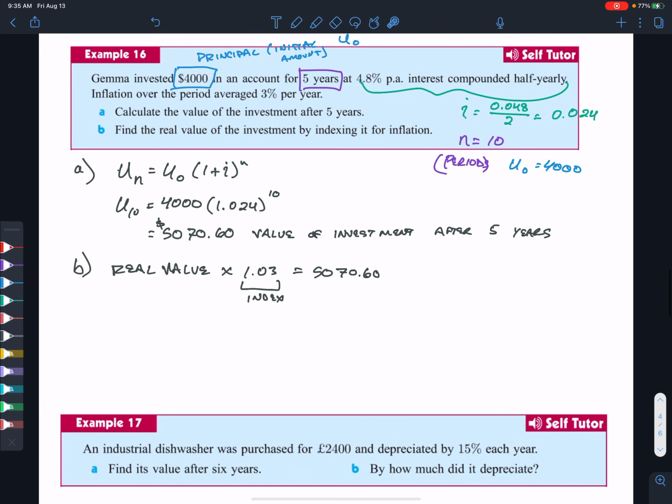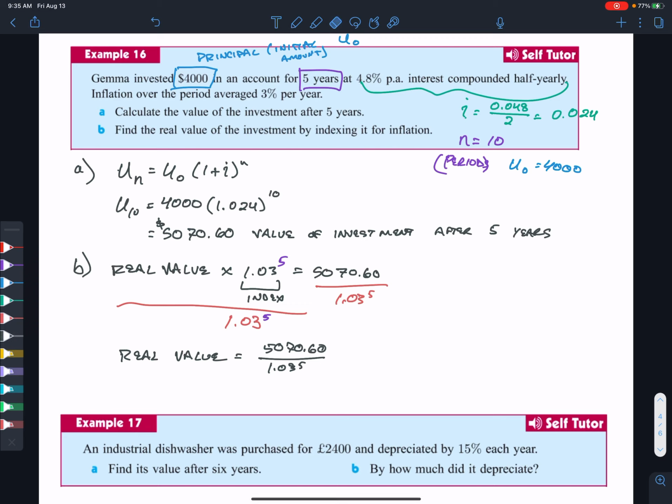To calculate this, we're going to divide both sides by 1.03, and that's actually to the fifth power, because we're going 5 years. So 1.03 to the fifth power, and we divide that on both sides. So our real value is equal to 5,070.60 divided by 1.03 to the fifth power.